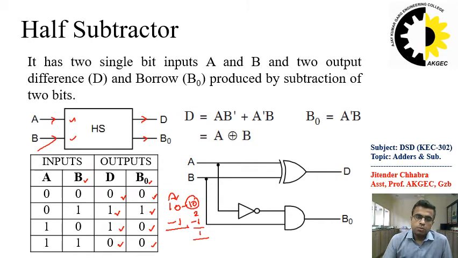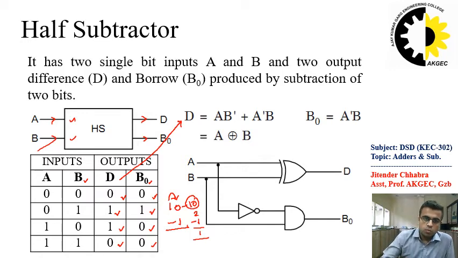And again, this truth table can be converted into expressions very simply, as we can see that this difference expression is again very similar to the sum expression which was obtained for half adder, and it is similar to an XOR gate, A B bar plus A bar B. And similarly we can see that B naught is having a single term like for the carry case in half adder, but the expression is different this time.